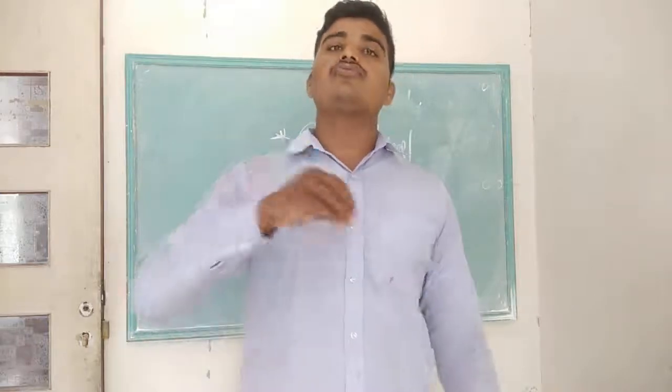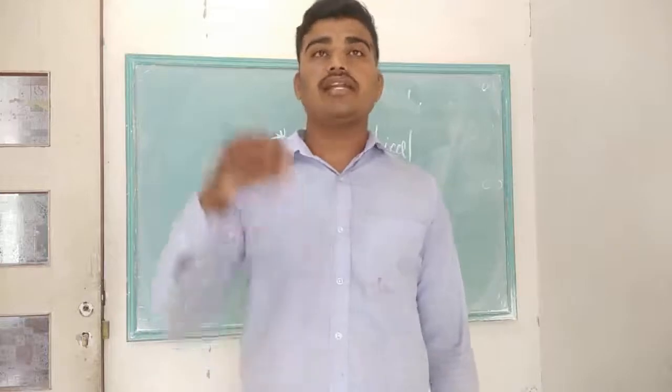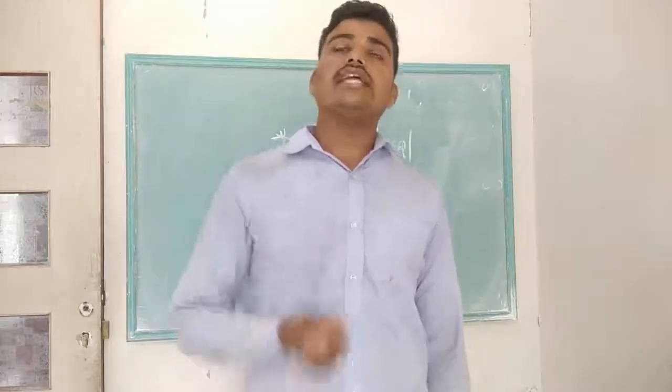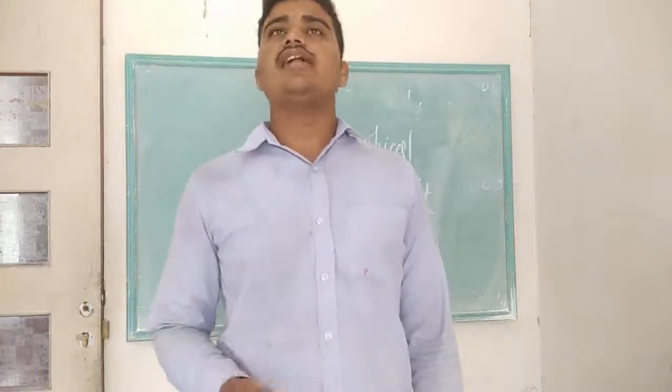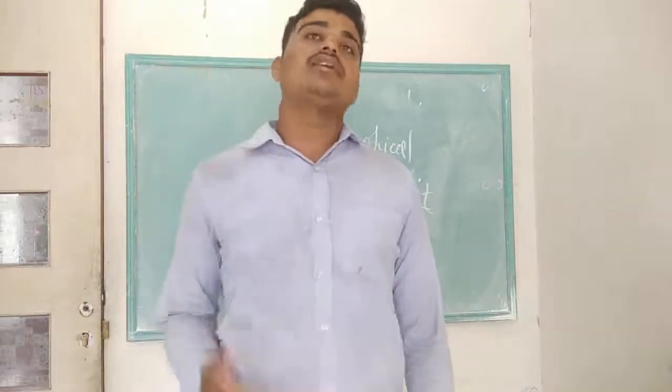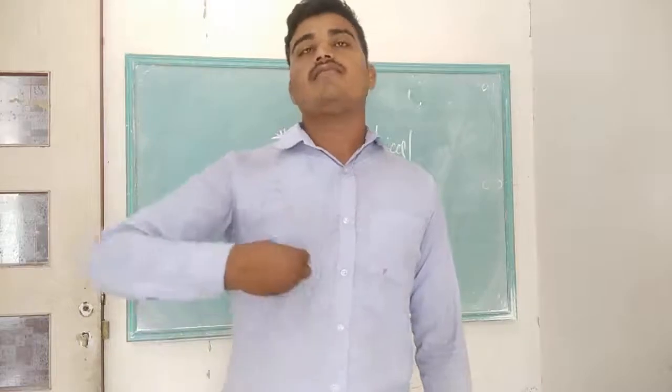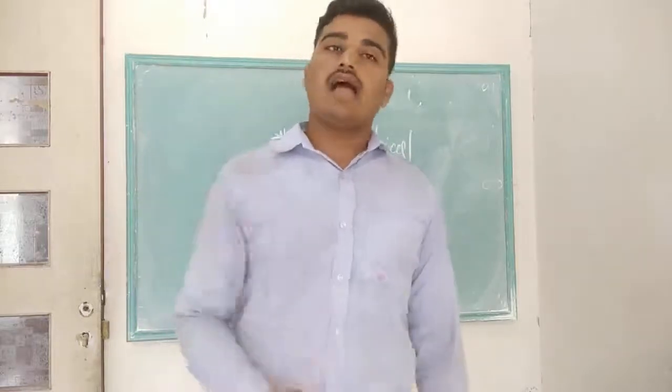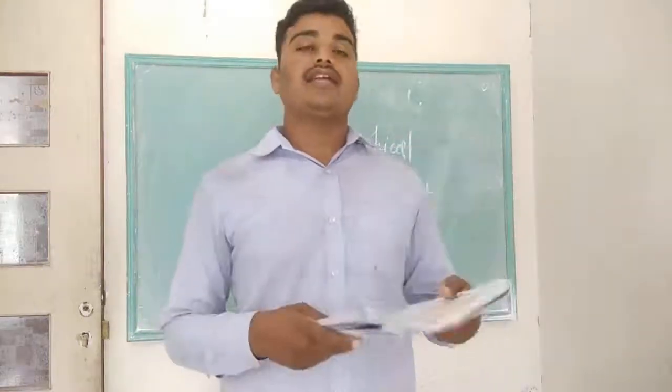In that you have to write your own opinion regarding the field visit, what exactly information you got, what measures you have suggested, and what you think yourself regarding this field visit.